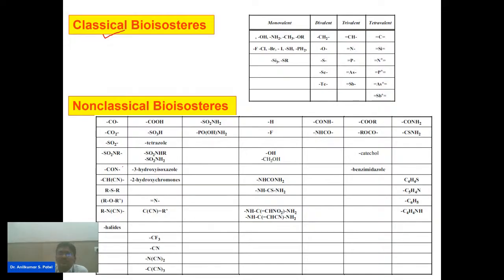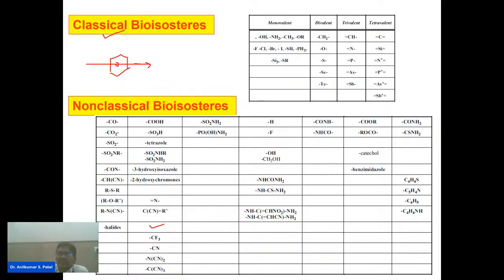Similarly, if a compound contains a halide group, and we replace this halide with CF3 or CN groups, then it is called the non-classical approach. Similarly, if a compound contains a benzene ring and we replace it with another heterocyclic ring, that is called a non-classical approach.